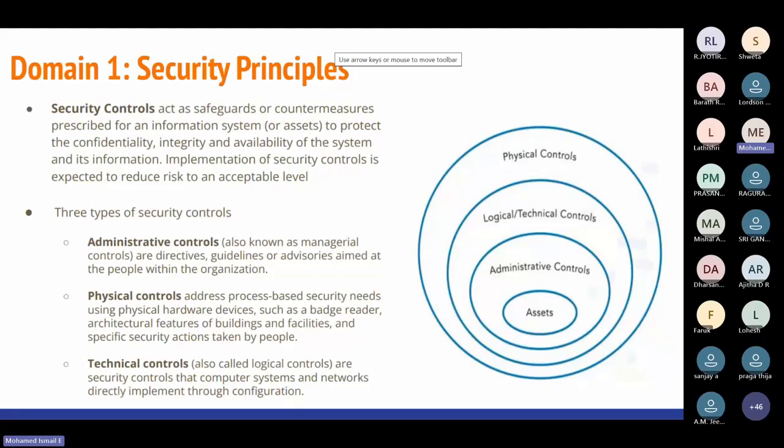Next, administrative controls fall under directives, guidelines, advisories aimed at people within the organization. So administrative controls mostly come with respective administrative policies. For example, if someone is visiting you to see you as a visitor, or someone is visiting you to deliver something within your office or college premises, how is that person registered or escorted at the entrance?